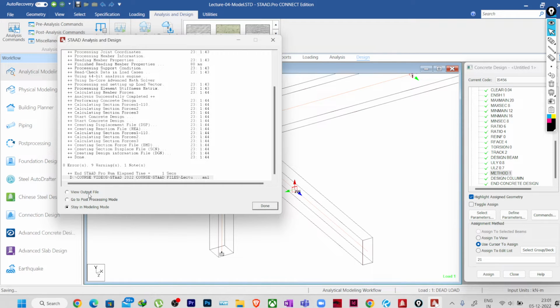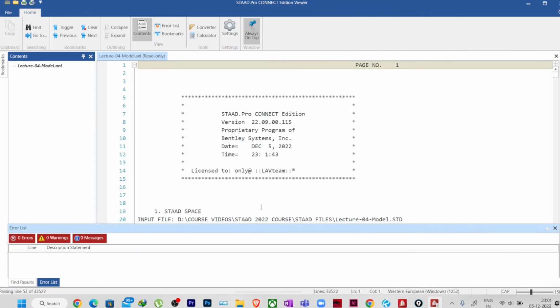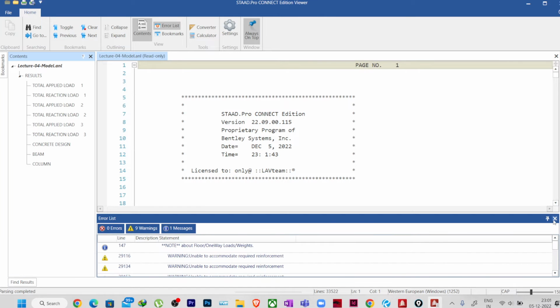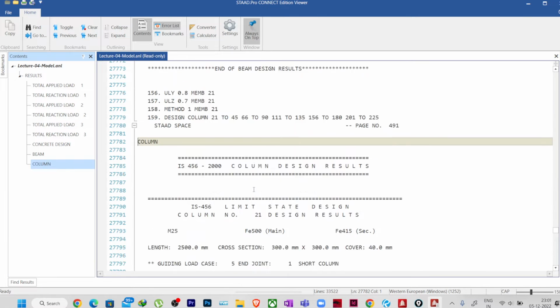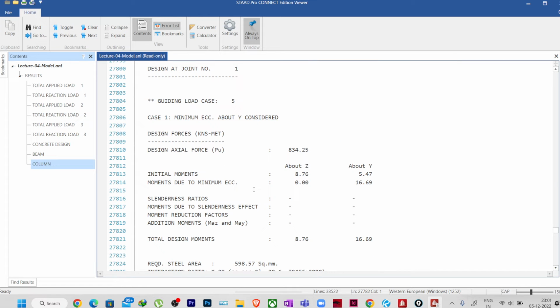Okay, fine. So now if I go to view output, done. So here again, let's go to column design. Now you can see here that about y-axis we are getting the minimum eccentricity 16.69, the same value, because now also if we calculate the actual minimum eccentricity, it will be less than this value, right?